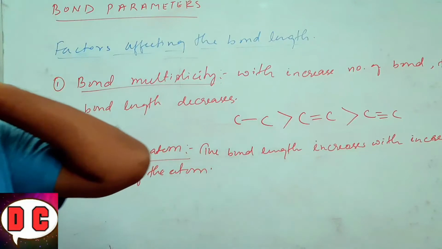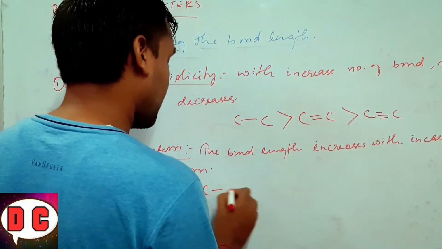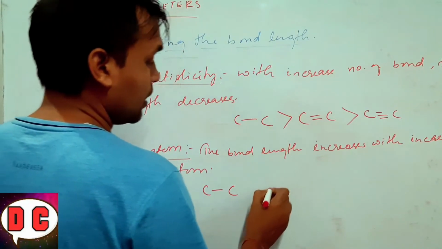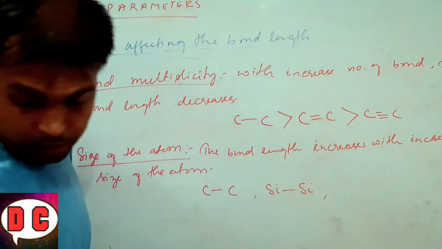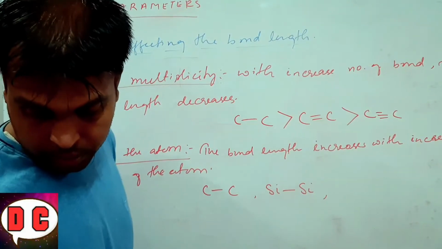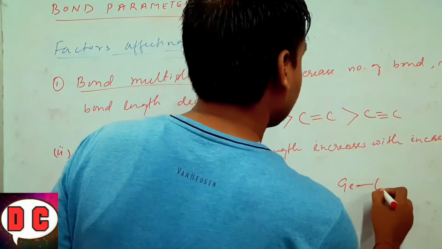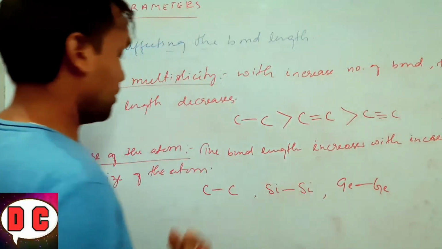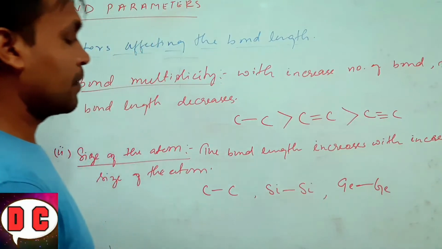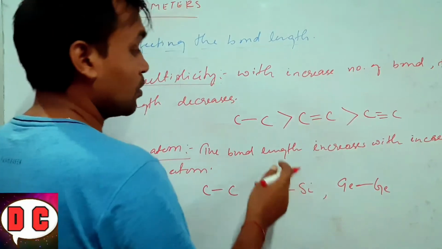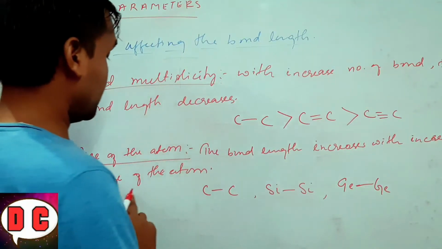To understand that, let us try to understand one thing. Suppose carbon single bond, another one is silicon single bond, and another one, let's assume, germanium single bond. Now if I ask you which one's bond length will be bigger, then definitely the one whose size is bigger, because bond length increases with increase in size of atom.